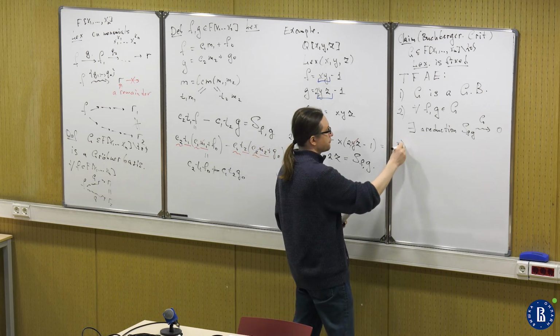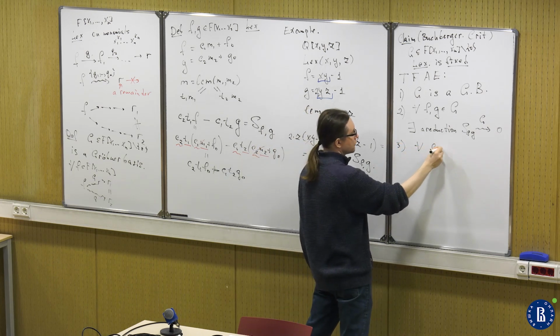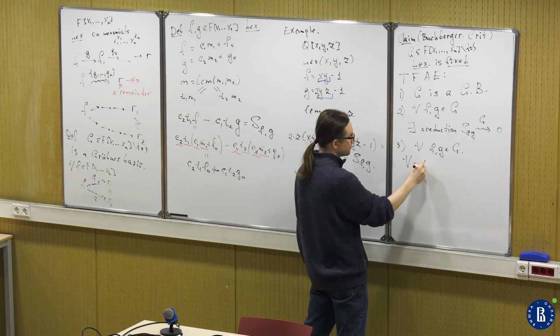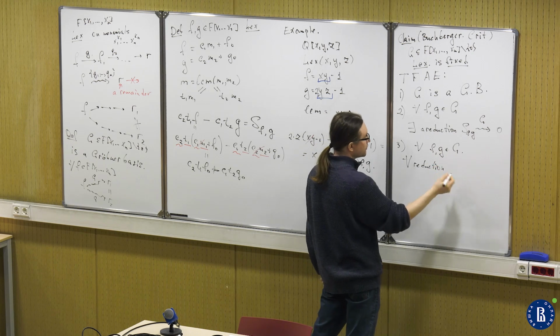Condition number 3: for every polynomials f and g from G, every reduction leads to 0.